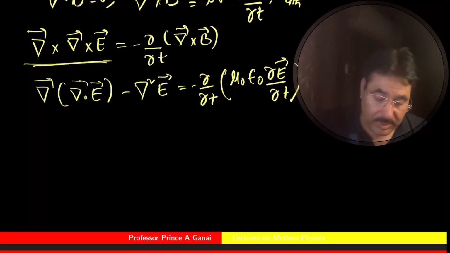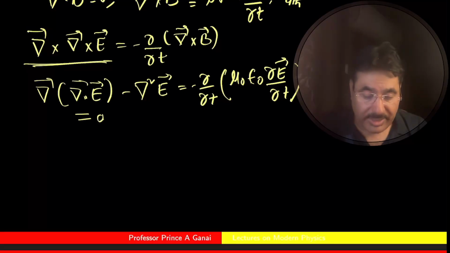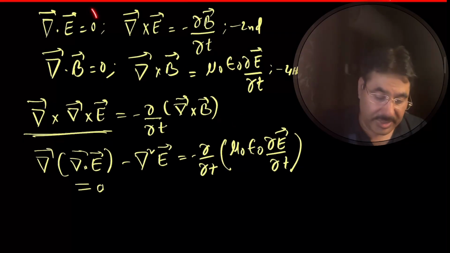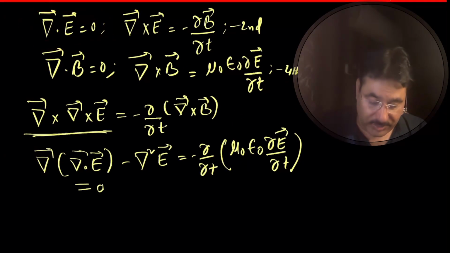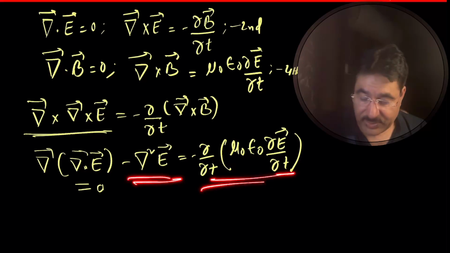Now, del dot E is 0. This one is 0 because that is given in the first equation. You can see that del dot E is 0, so this is gone. Only this one is left.